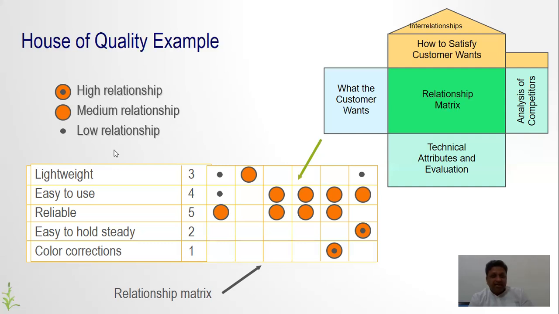So in that, how to satisfy customer wants with the help of high relationship, medium relationship, and low relationship. So there is high relationship at color correction, relationship matrix, and easy to hold steady.